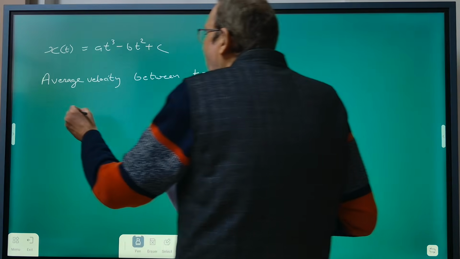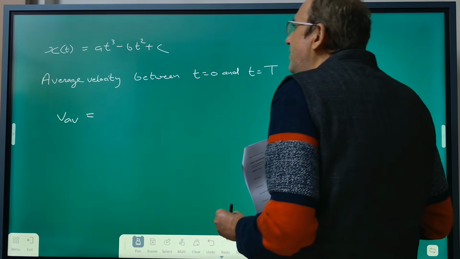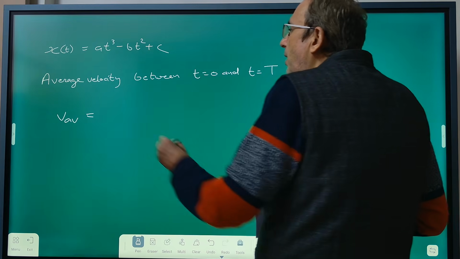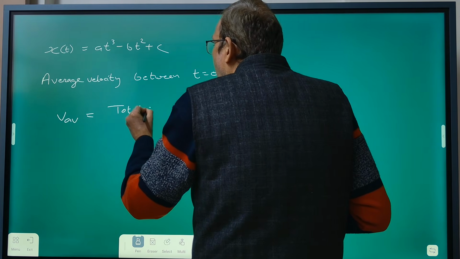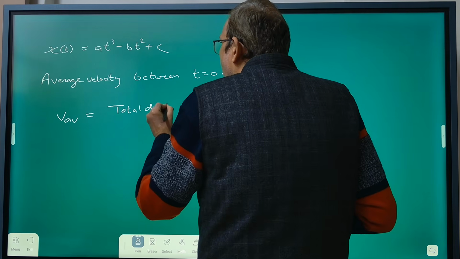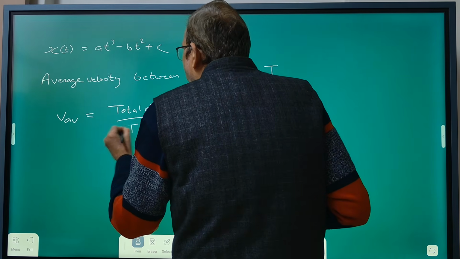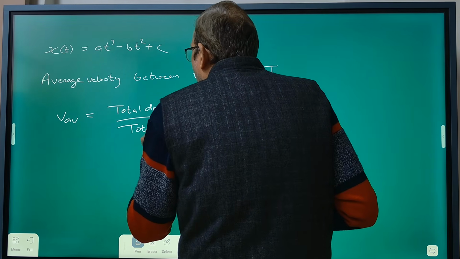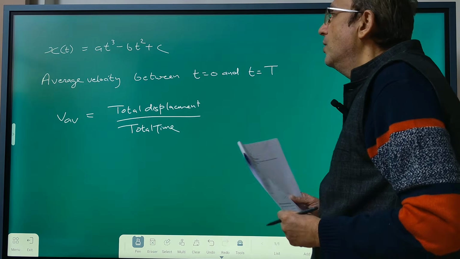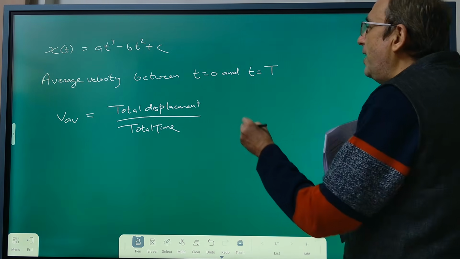So of course V average is equal to total displacement divided by total time. Okay, so the total time is of course capital T, and what is the total displacement?